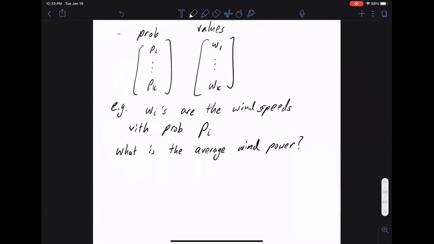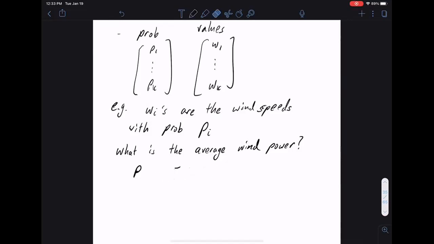So the important thing for this kind of problem is to do the following. The average power is the sum of the probability, where you cube each of them individually.